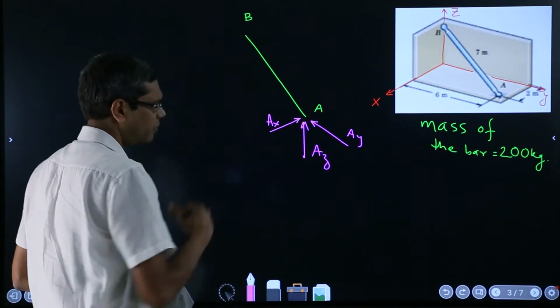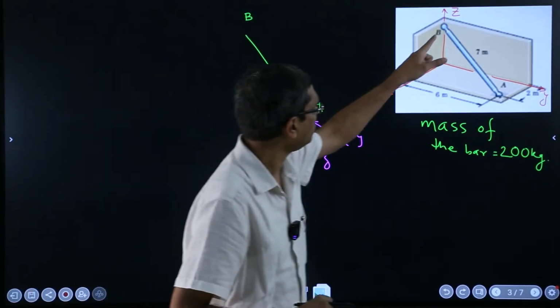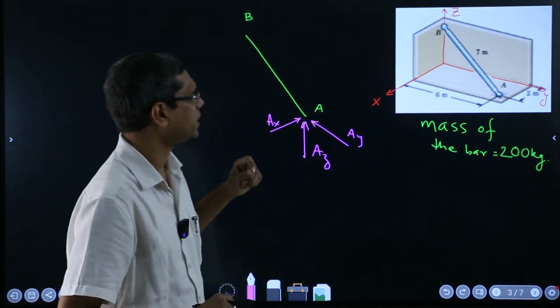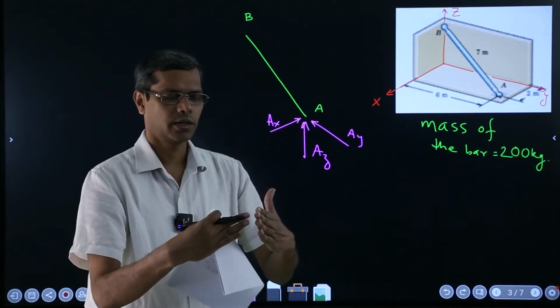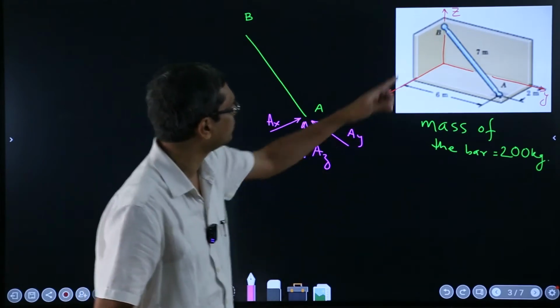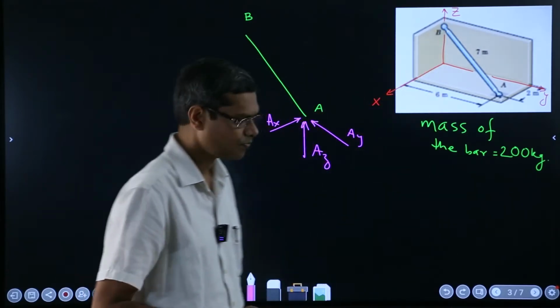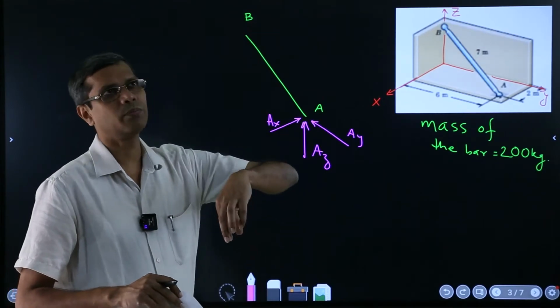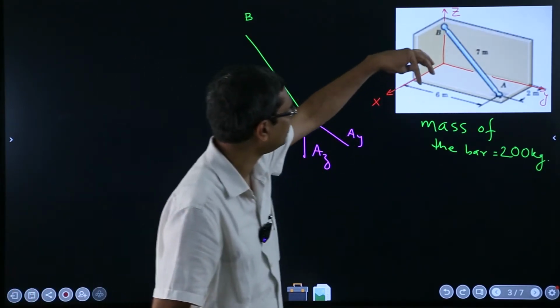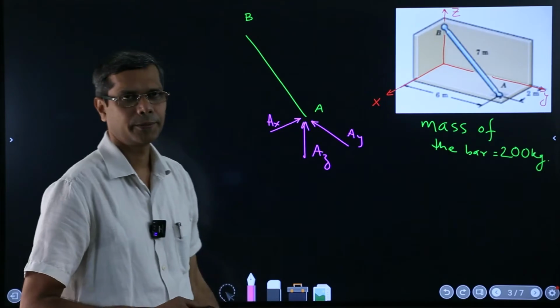And then what about B? Now the B point is also a bit tricky. There are two walls which are joined to each other at 90 degrees. They can never put any moment, so they can never try to rotate this bar AB.